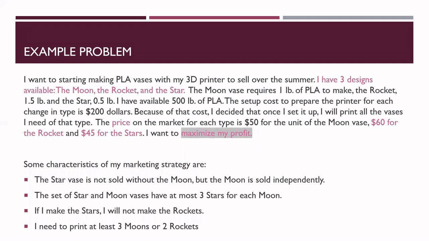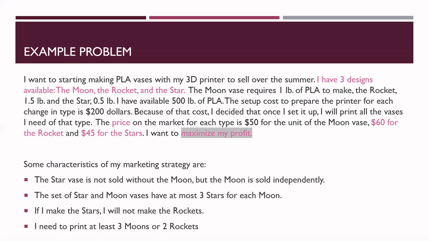So first we have to define the decision variables. That's the first step. And the decision variables are kind of in our face. It's kind of obvious because I have already stated that we have 3 different designs to choose from. So we have some choices that have to be translated into the model.